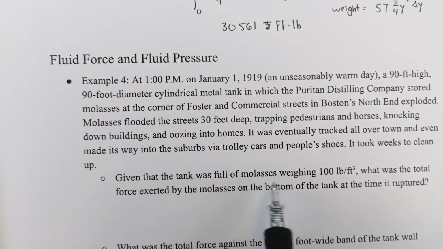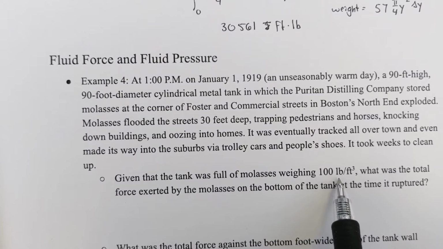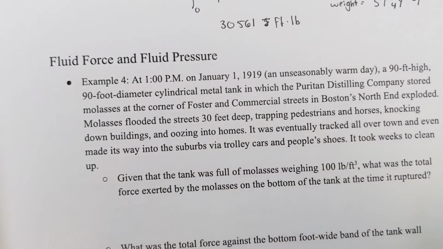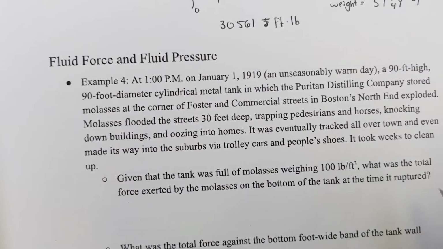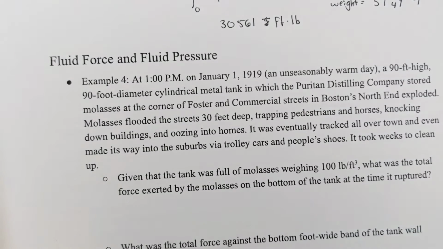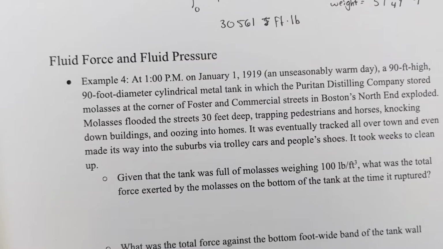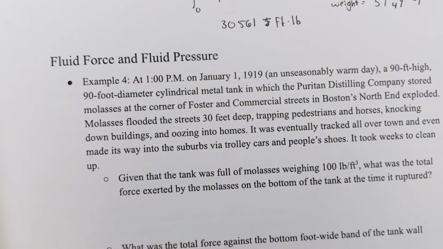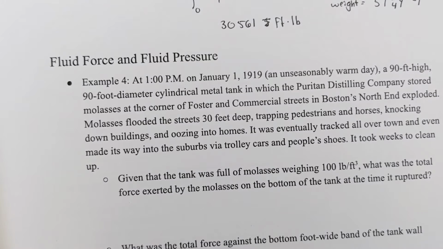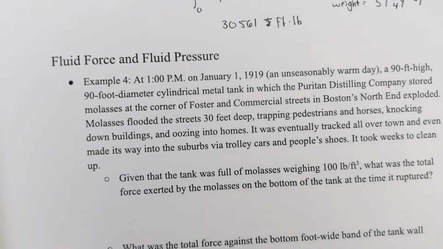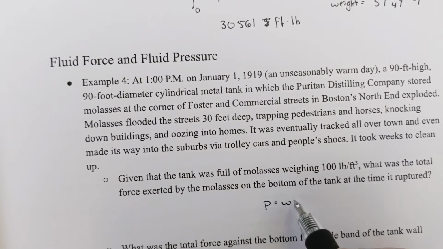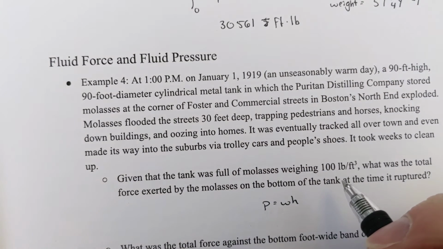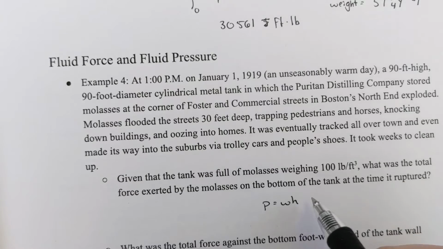Given that the tank was full of molasses weighing 100 pounds per cubic foot, what was the total force exerted by the molasses on the bottom of the tank at the time it ruptured? So, let's see here. The bottom of the tank, pressure is given by the weight times the height, or the density, should be a better thing.